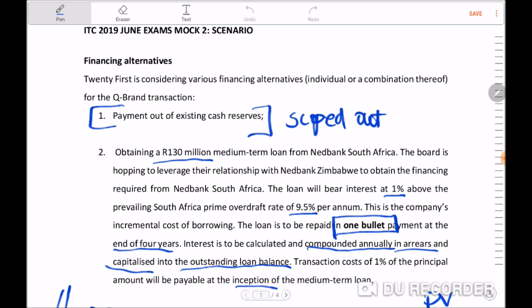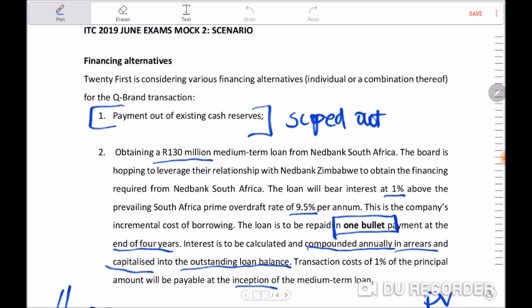We're going to obtain additional financing risk. And the more financing risk that we obtain, the equity holders will demand a higher return to compensate them for the additional risk. So this incremental cost of borrowing, is it something that we are happy with? Will it not affect the required rate of return now being demanded by our equity holders?